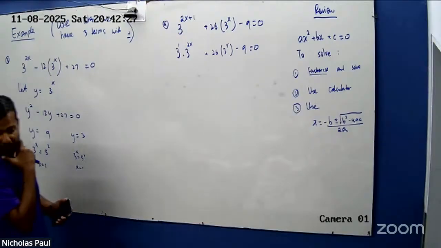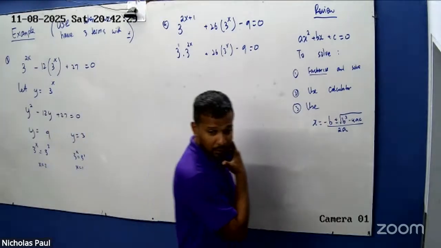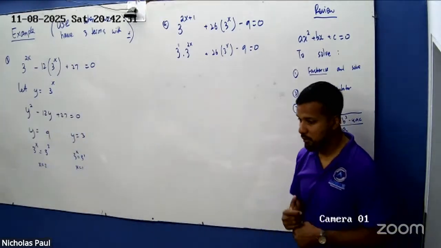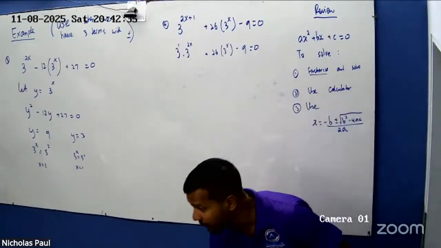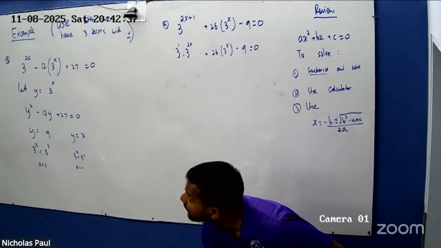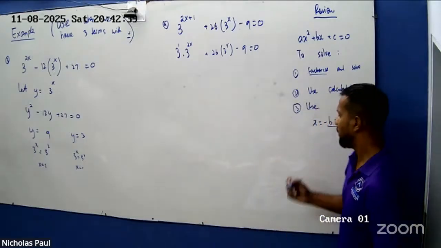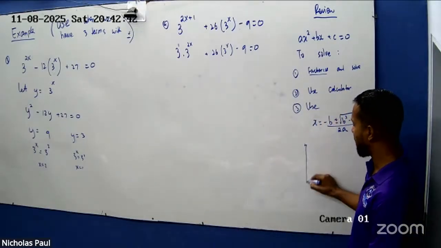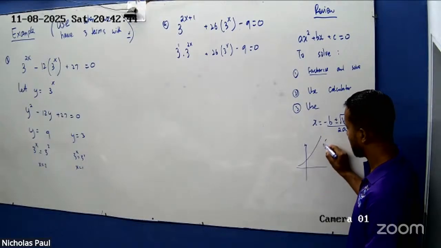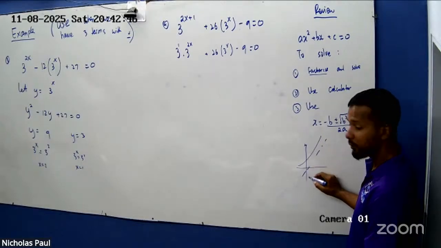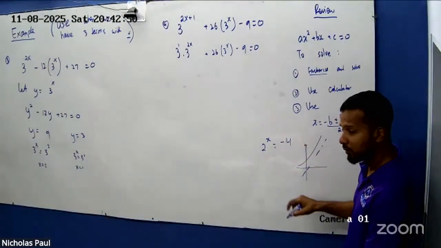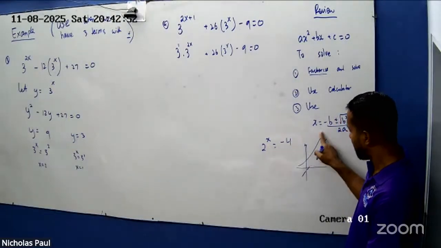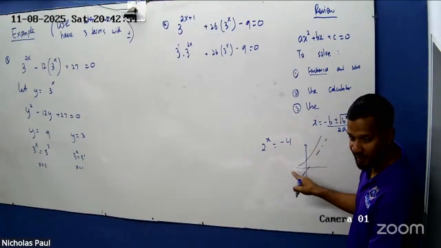Part might be a fraction, so you gotta break it up. If you have a minus, can you find an x value that will give you a minus? No, no. Right? And I think I showed this on a graph. What you will recognize is that if you have 2 to the x, this is an indices graph, right?